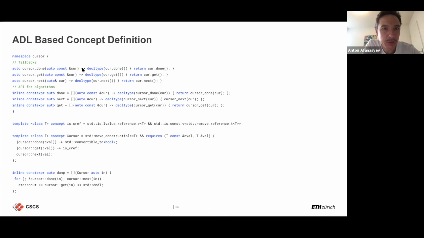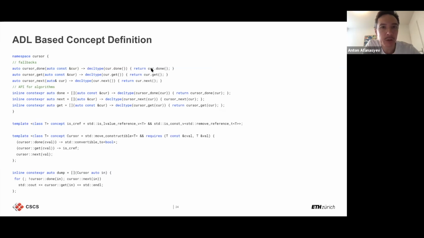So instead of having just auto, we return the decltype. We specify the type in that manner, and this enables SFINAE in our case.